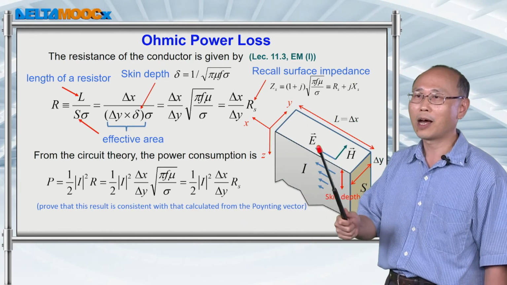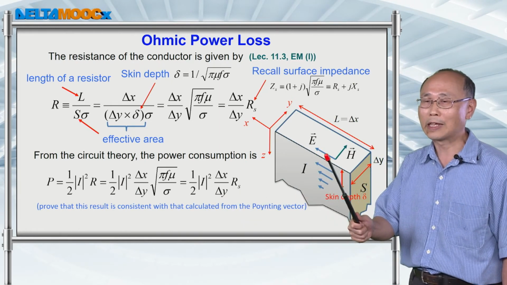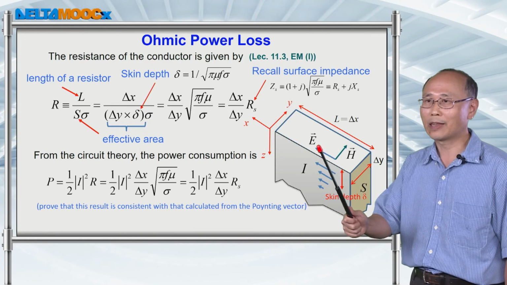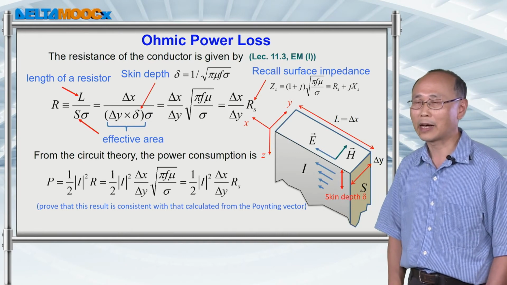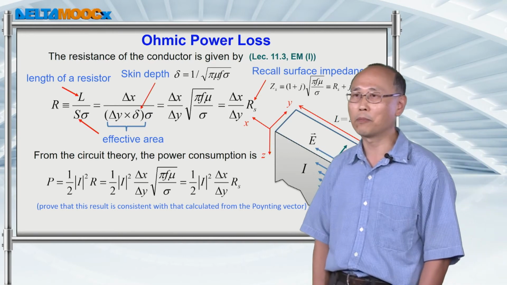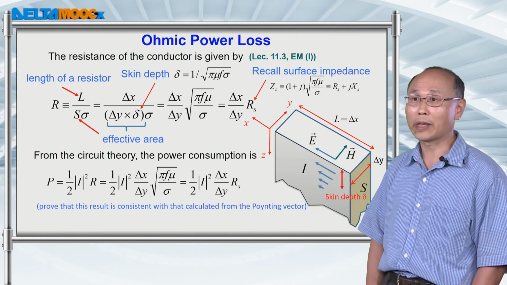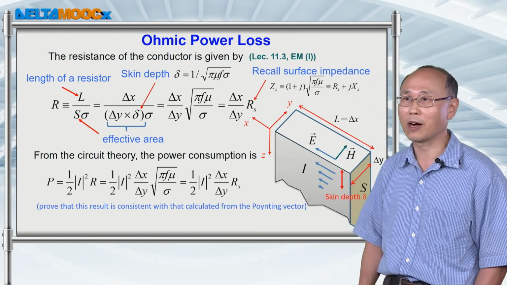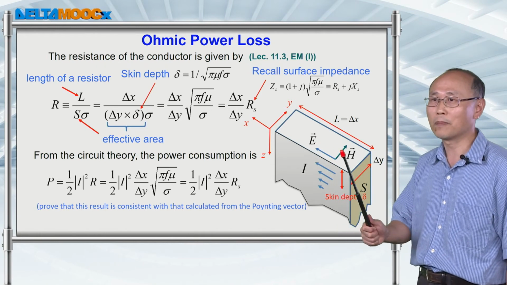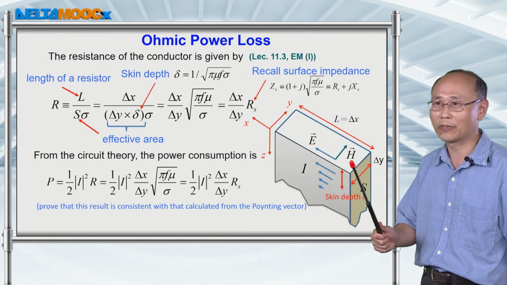If you just use the intrinsic wave impedance, and then you know the average power in a Poynting vector is equal to 1/2 of the real part of the electric field multiplying with the conjugate of the magnetic field.